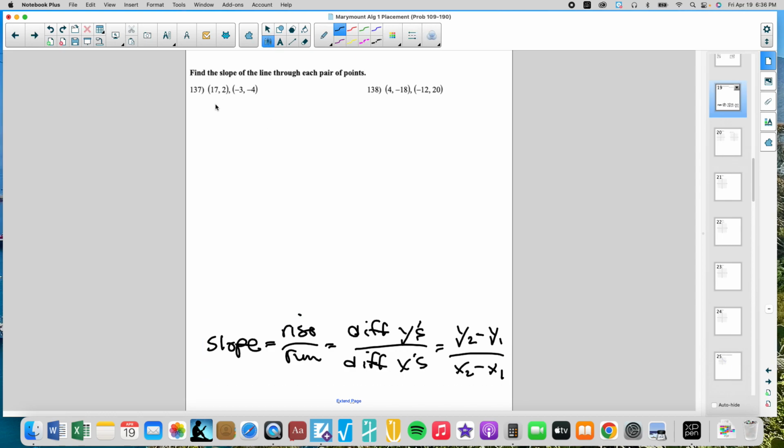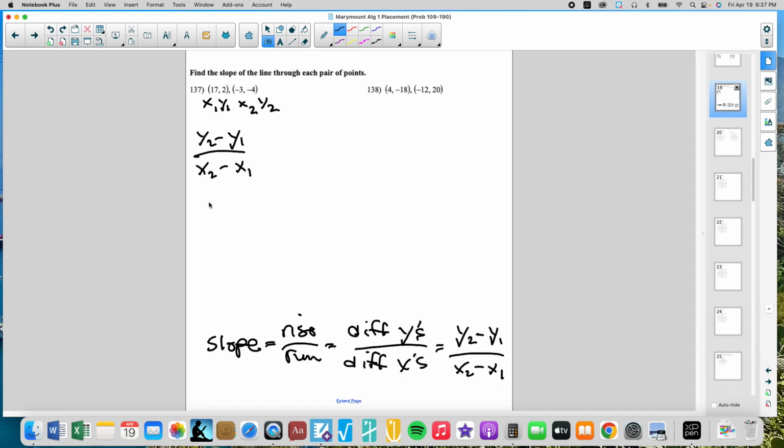So we're going to use this, and we have 2 points. X sub 1 and x sub 2 mean the x value in the first point and the x value in the second point. Y sub 1 and y sub 2 are the y values. So we have y sub 2 minus y sub 1 over x sub 2 minus x sub 1.